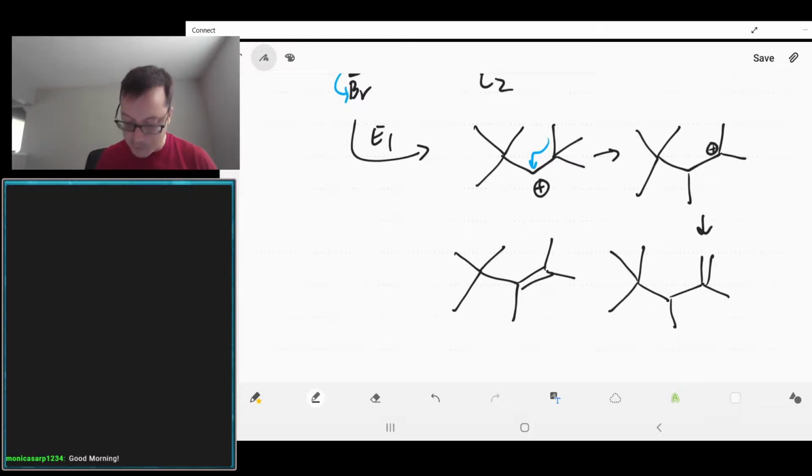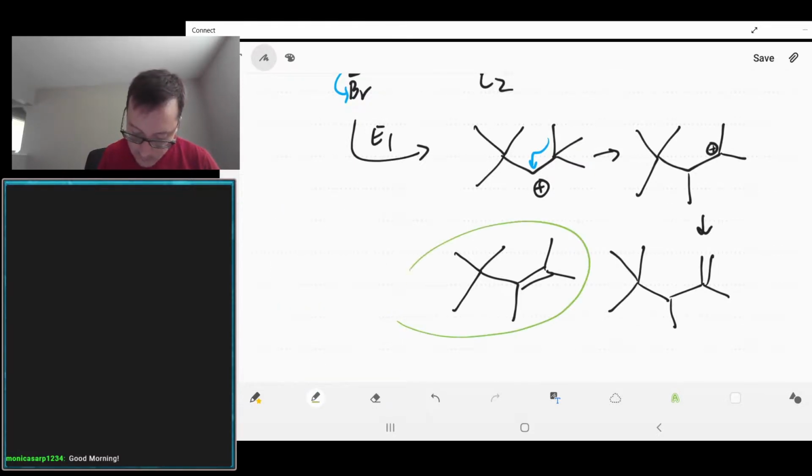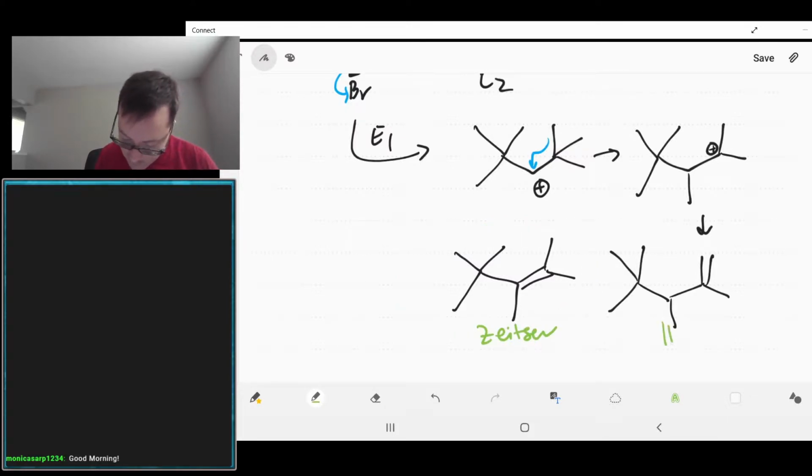So we'll end up with two products here. Probably we're going to end up with this one more, depending on what the base is. This will be the more substituted alkene, your Zaitsev product. This is your Hofmann.